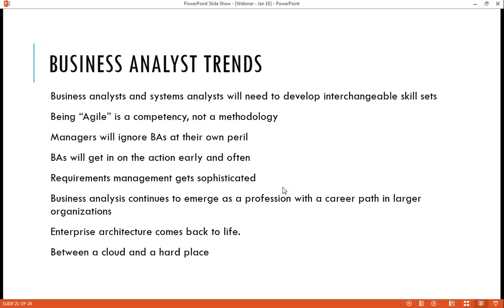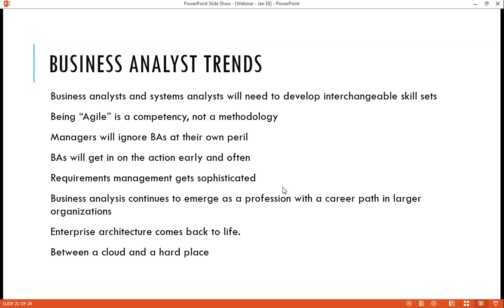A lot of organizations have different terms for business analysts. It's not just that you're only a BA. Some organizations call themselves system analysts, or a project manager also does the BA work, or the BA does the PM work as well as testing work. There are a lot of names for this particular role.